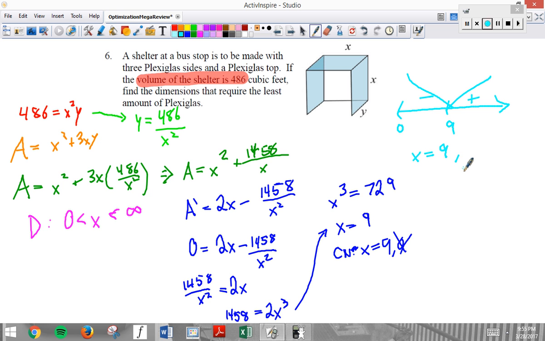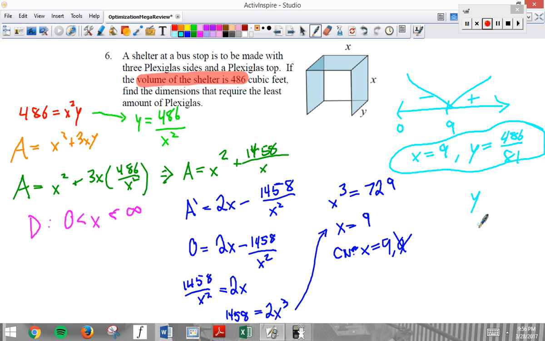is one dimension. Y equals, oh man, 486 divided by 81. Is that a nice number? Yeah. No, it's a great number. It's going to be like, let me see.